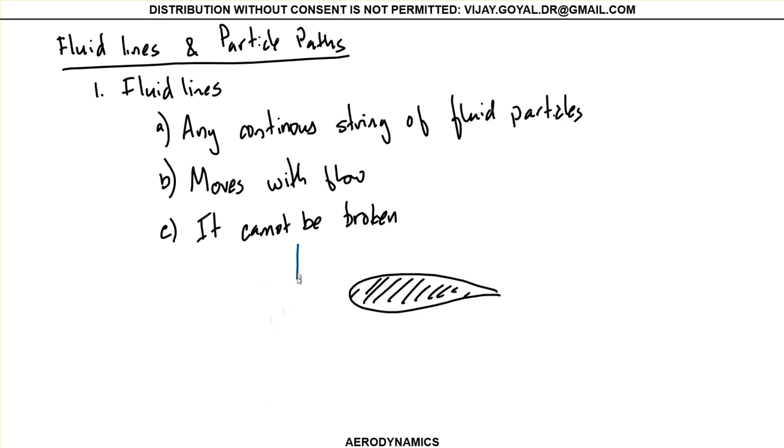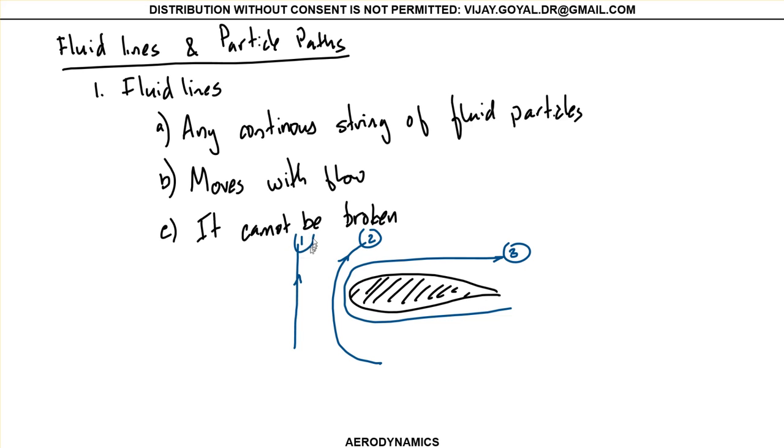In one case, line number 1, line number 2, and then I can have another fluid line that looks like this. So these are different fluid lines. This is number 3, this is number 2, and this is number 1.